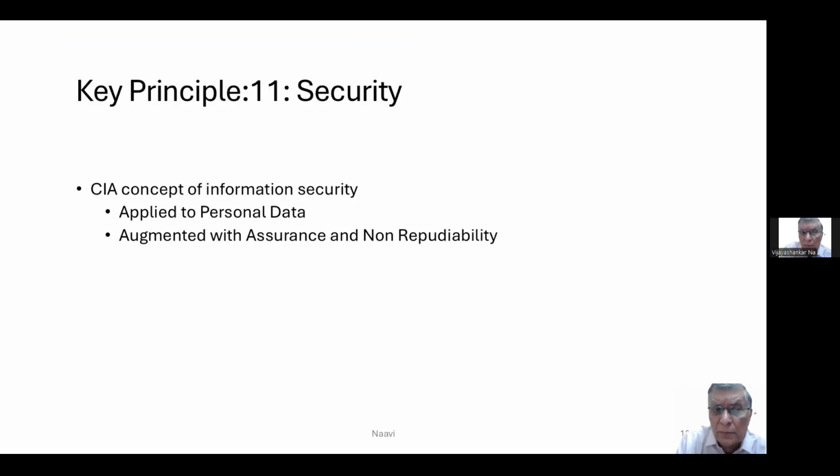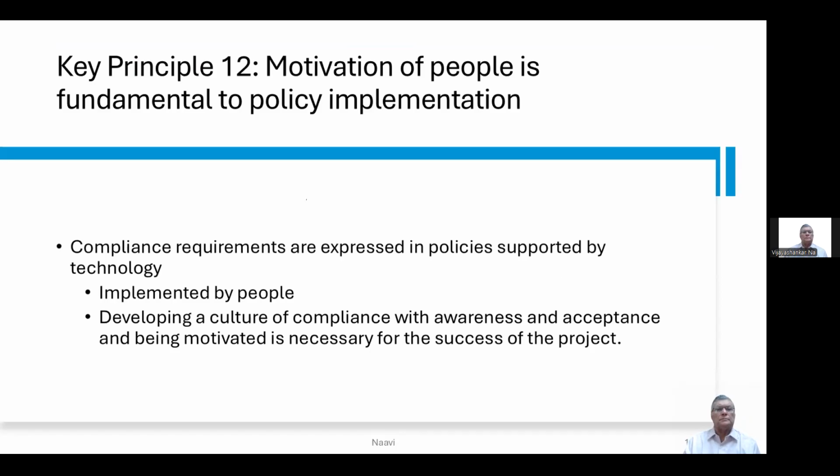These are all things which are beyond CIA. The security of personal data is slightly broader than the security of any other information. That has to be taken into account. The DPDPA rules have suggested that anonymization, pseudonymization, and tokenization are to be used where required for security purposes.